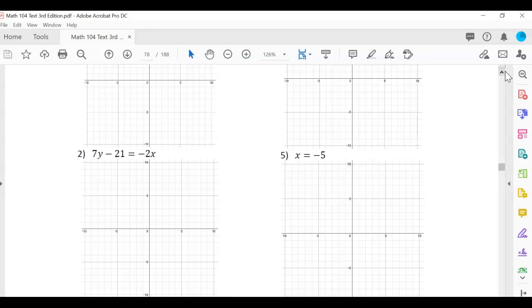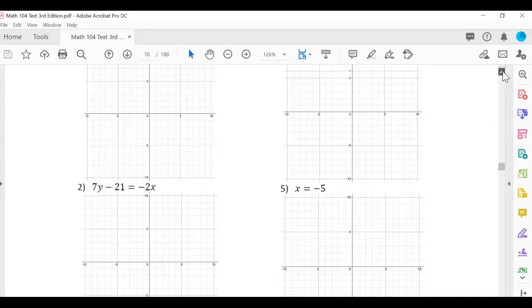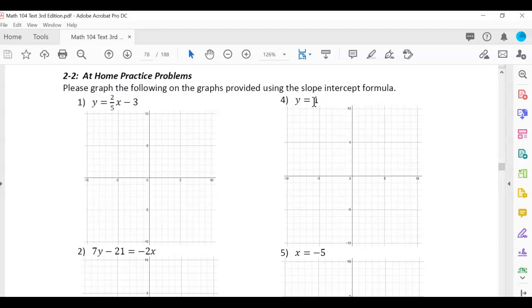Now, on questions 4 and 5, those are slightly different because on question 4 and question 5, we only have one variable. Now, I like using the other method, the table method, for doing these instead of trying to put them in slope-intercept form, because quite frankly, if you only have one variable, it's really hard to see the slope-intercept form.